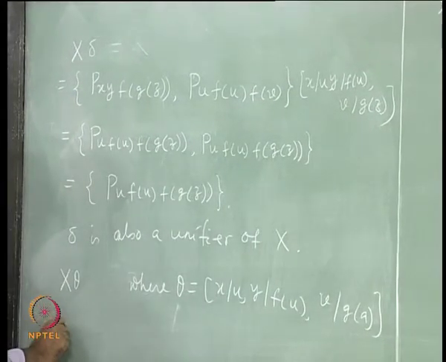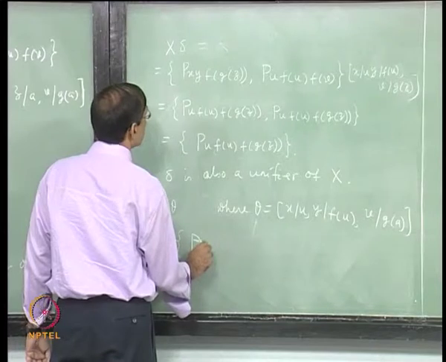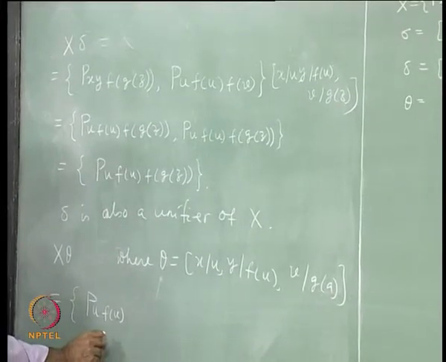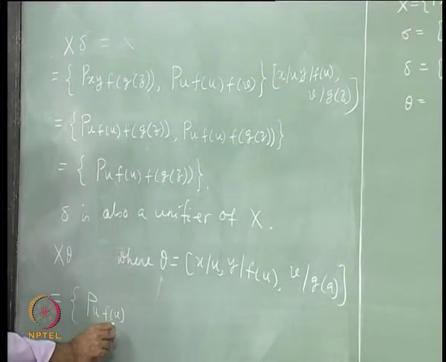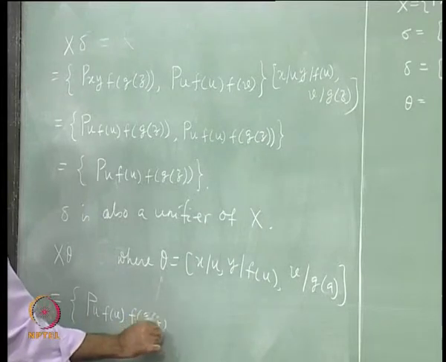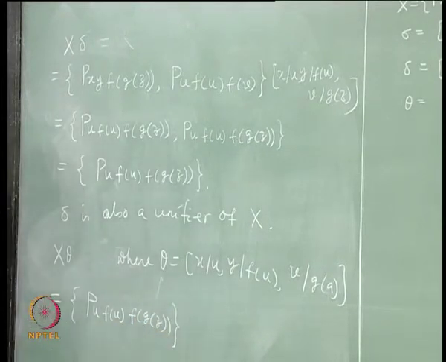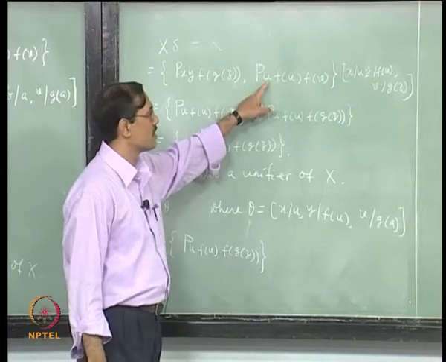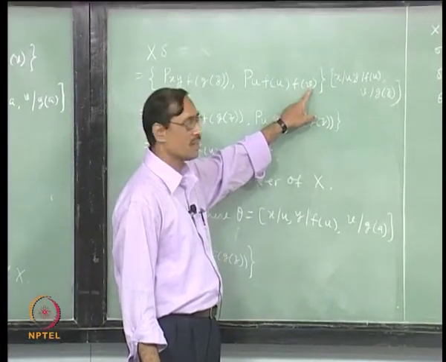So let us see: the first clause is P, x is u and y is f of u, and then v is not occurring there, z again the same. Second one is different now. Here v is replaced by g of a, right.